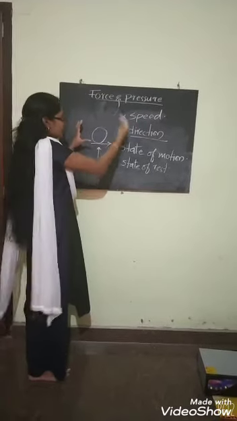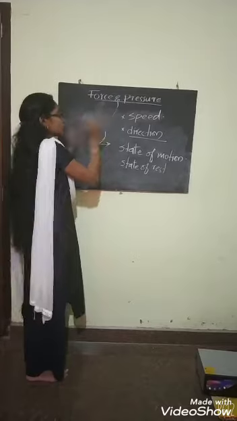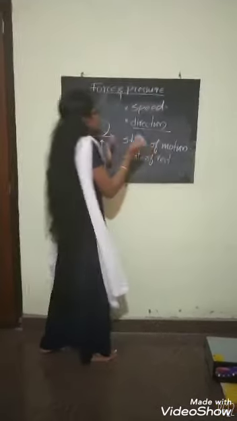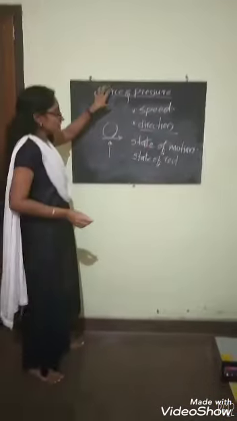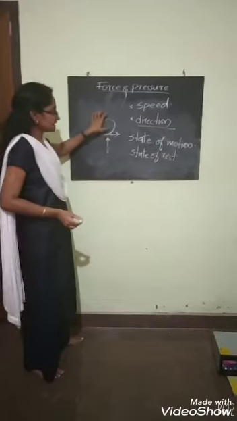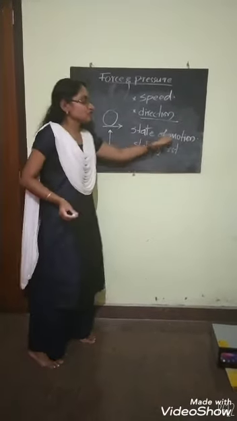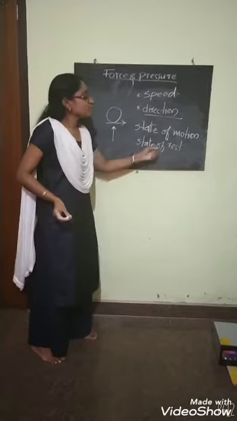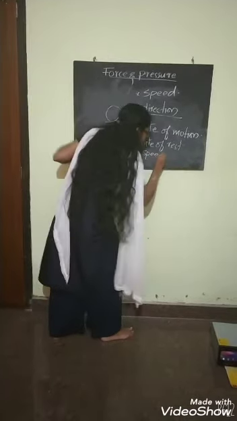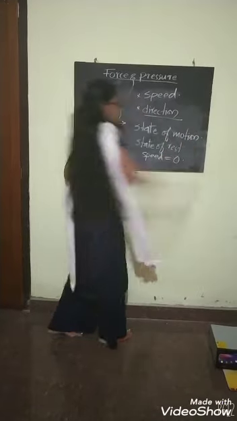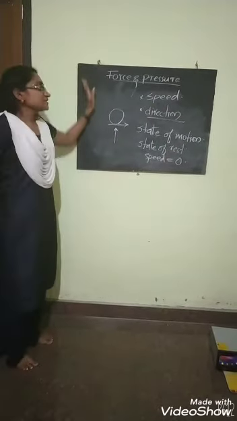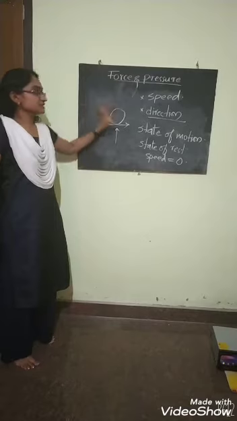The motion will turn into rest. So, we can conclude that the force given to an object can change the state of motion. And the state of rest is what? The speed equal to 0.